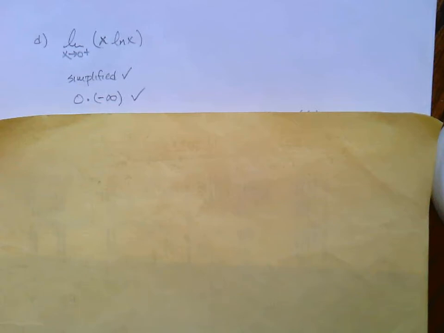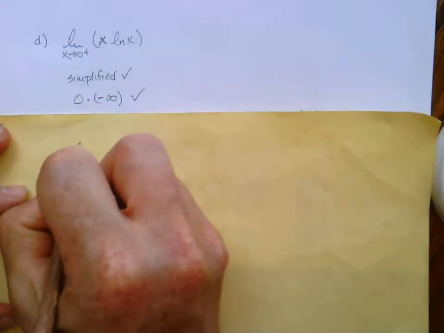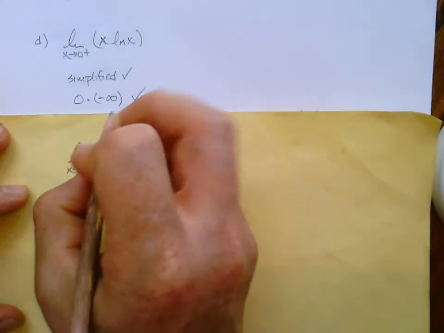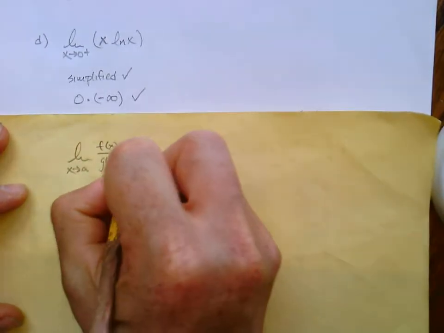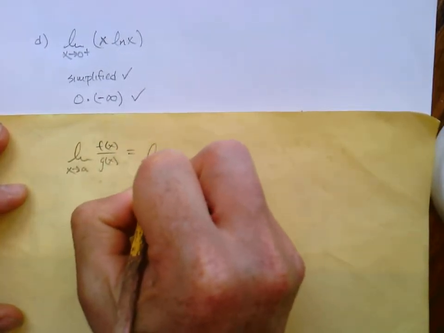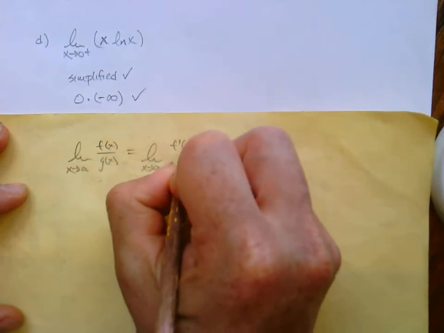Now, this is an interesting case, x times natural log x, because if you recall L'Hopital's rule, let me just repeat the rule here, since I don't have a board to point back at. It's all about ratios.